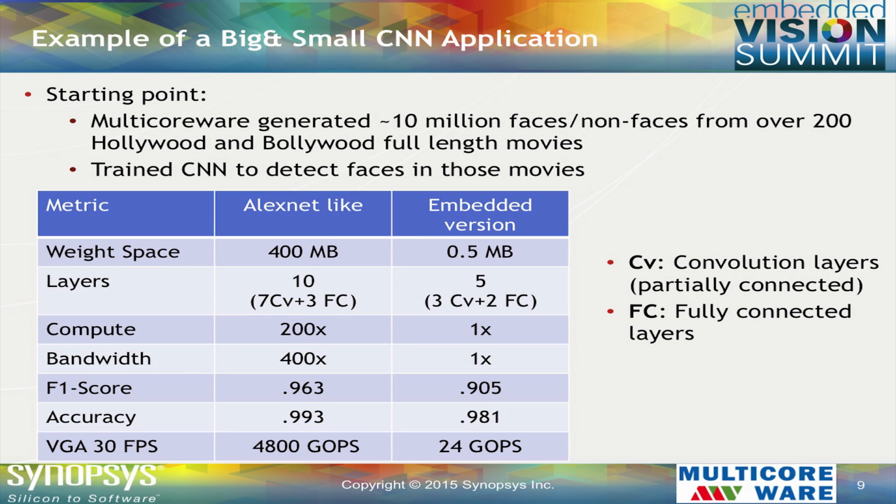Just to give an idea of what I mean by big or small graph, we've seen some pretty big ones this morning that have impressive performance. But here we've done some work, and this is a graph that has been done by a company we've partnered with called Multicoreware. They've generated a graph that was trained on about 10 million faces extracted from movies.